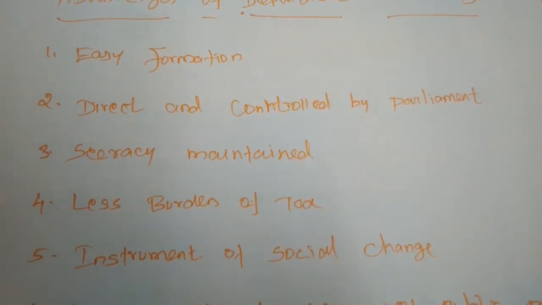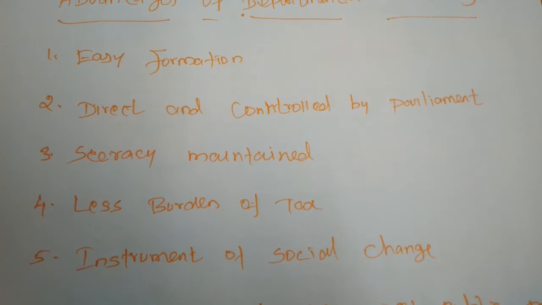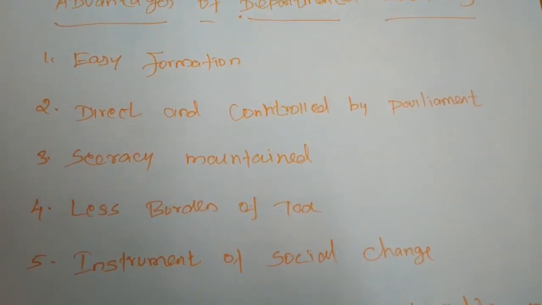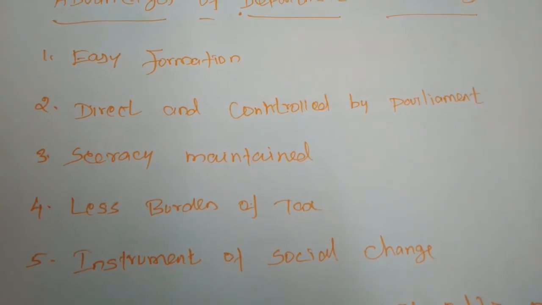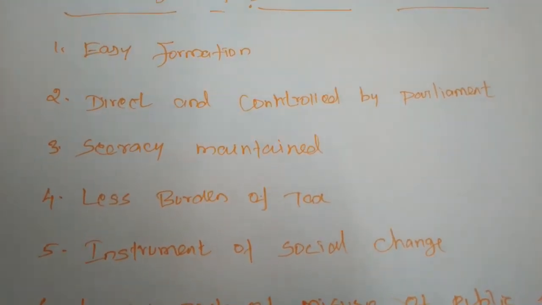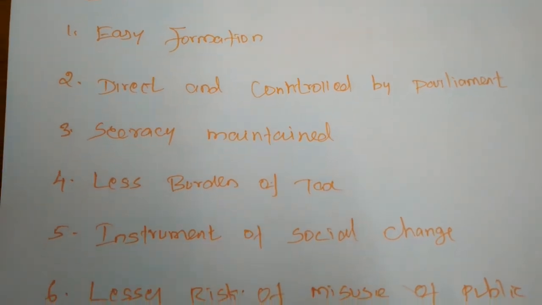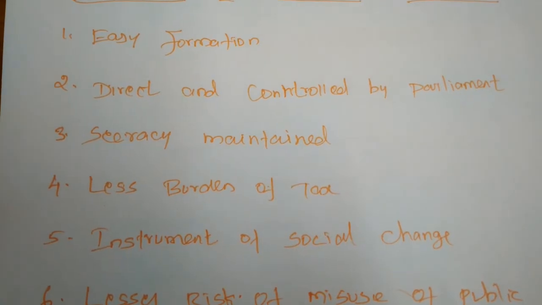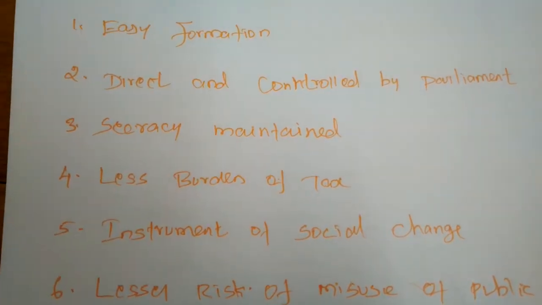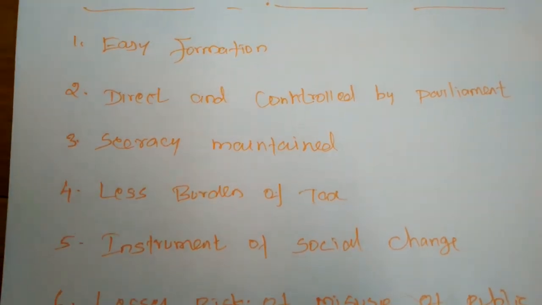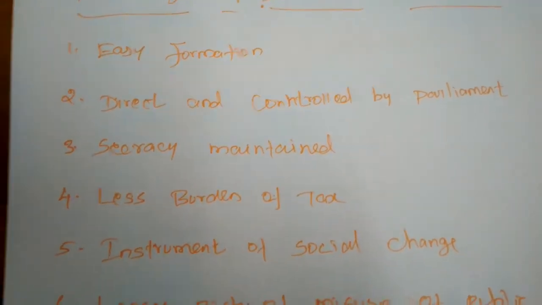Even if there are managers, a board of directors and some authority persons, they will be directed and controlled by the Parliament and the state legislative assemblies, because it is concerned with the minister and the ministries. So there is no problem of any corruption arising.